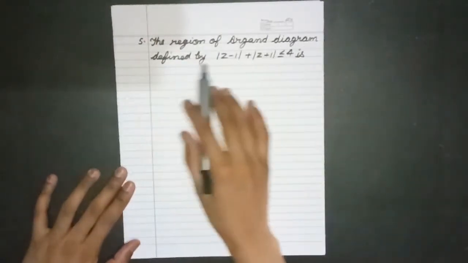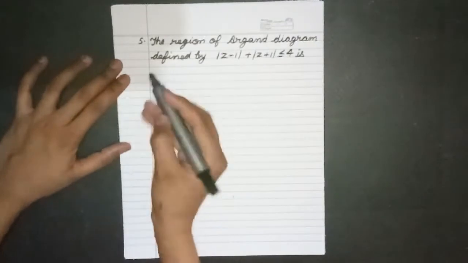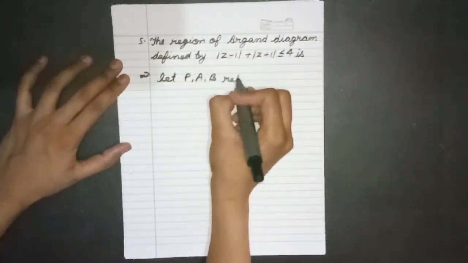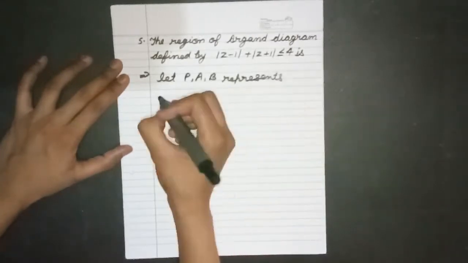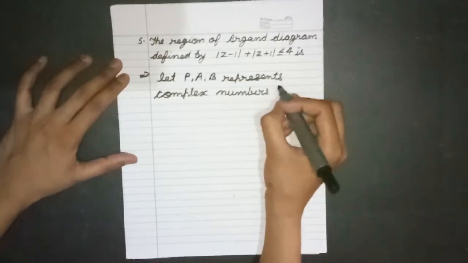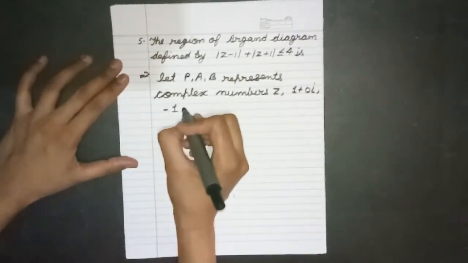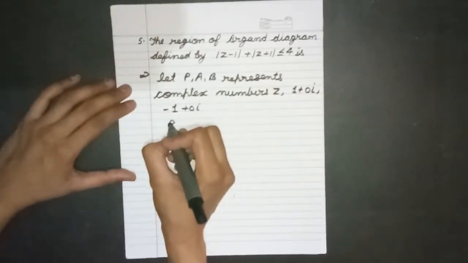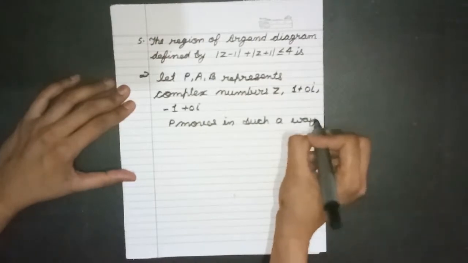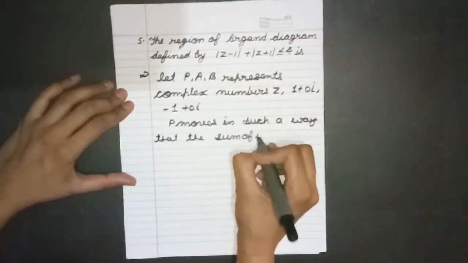Example 5. The region of Argand diagram defined by modulus z minus 1 plus modulus z plus 1 less than or equal to 4 is. So let's start. Let P, A, B represent complex numbers z, 1 plus 0 iota and minus 1 plus 0 iota. So from the given equation we know that the point P lies on or inside the region covered by this equation.